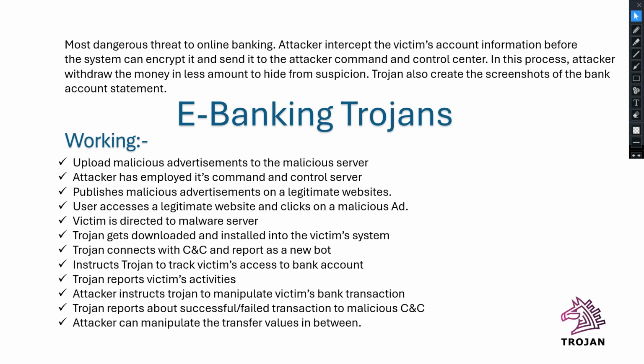Suppose the victim is transferring the amount of around $100 to a particular organization. Now, this particular Trojan modifies the value from 100 to 1000 in the transaction, and the payment will be done.